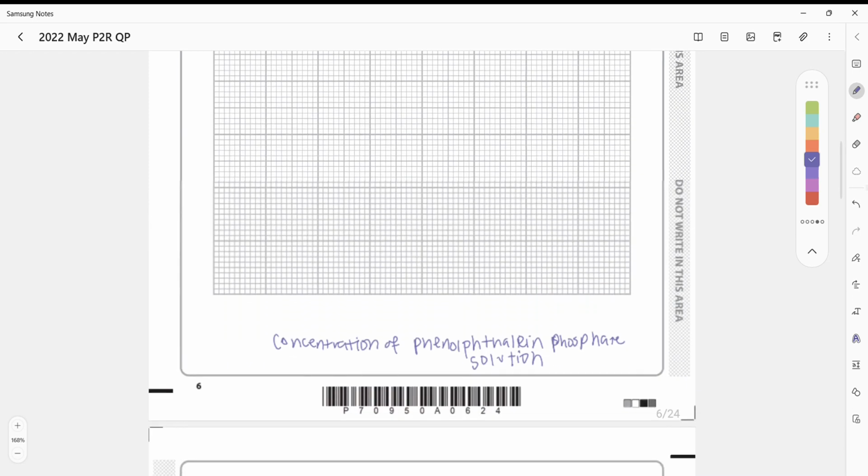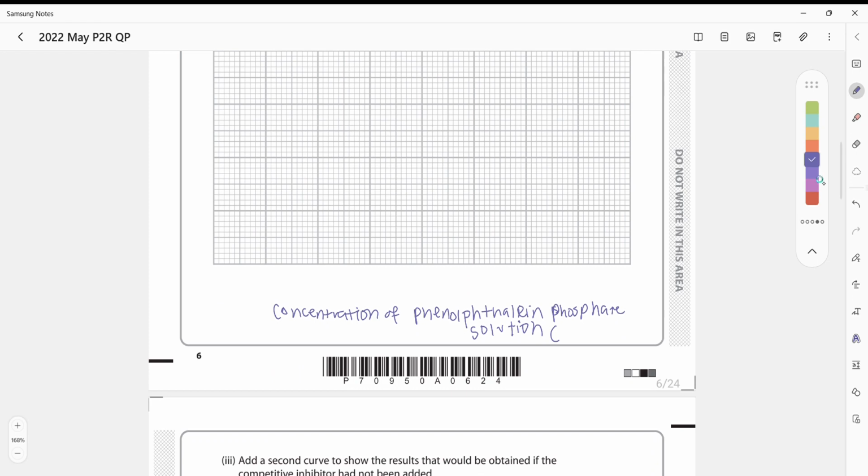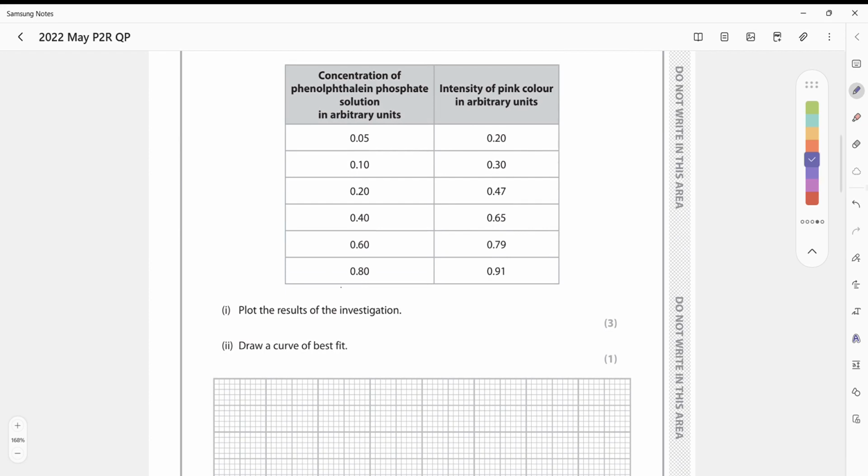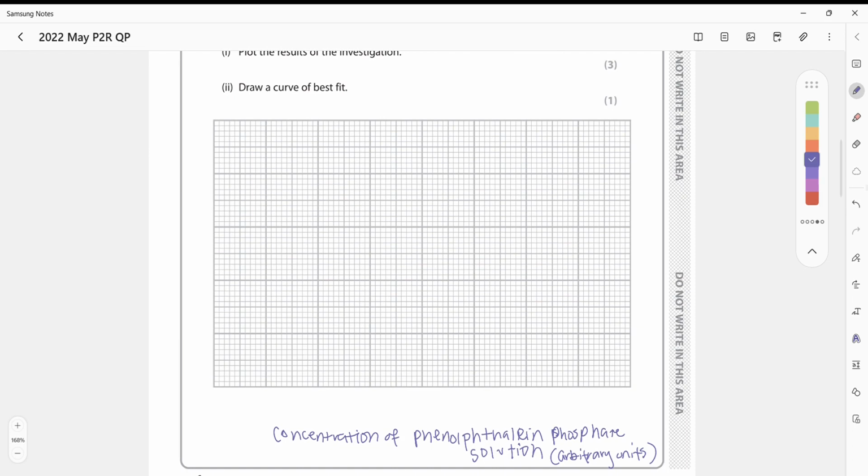This is in arbitrary units. The largest number here we see is 0.8. Let's see if we can fit 0.8 in this axis. So we can have here 0.0, 0.1, 0.2, 0.3, 0.4, 0.5, 0.6, 0.7, fits well, 0.8.